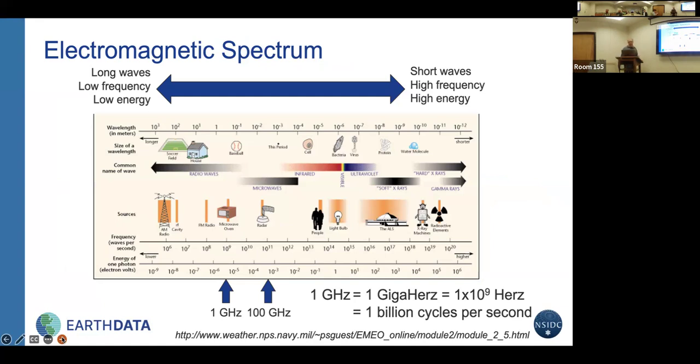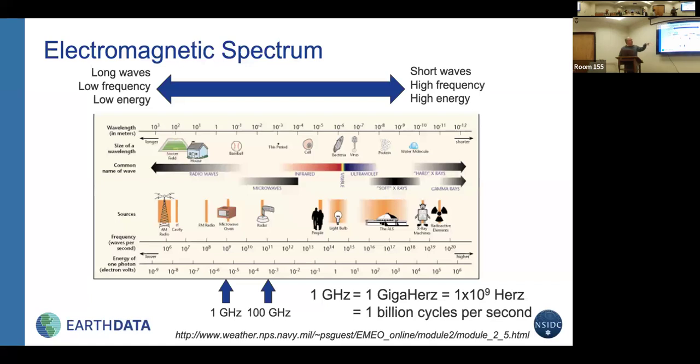So at high frequency, very short wavelengths, you've got X-rays, which penetrate through soft tissues, and gamma rays. But on the longer end, radio waves are great because they transmit information like your radio, your television, and so forth, but they're not harmful because they're low energy.